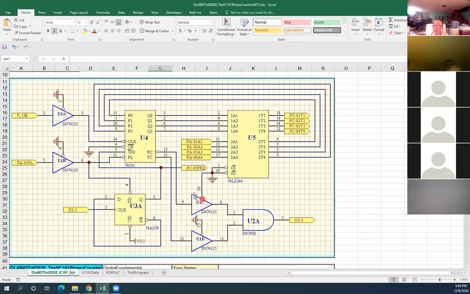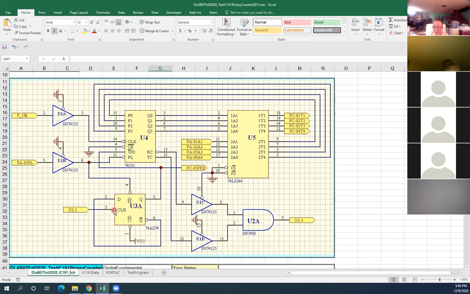Then they go to just the buffer, and this is also a buffer, and they go to the AND gate. So they're telling you that when they count up to 15 and get a pulse coming out here, and a pulse coming out here, they connect to the clock of U3.